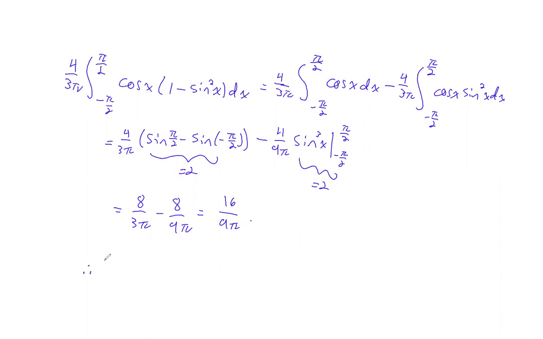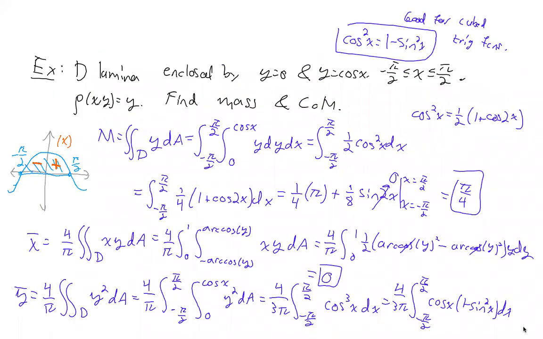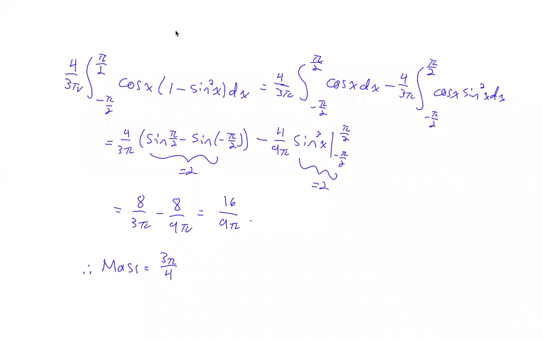So the answer to all these questions: the mass is 3 pi over 4. Not 3 pi over 4, just pi over 4. Too far. The mass we said is pi over 4. And the center of mass, the x-coordinate, is 0.